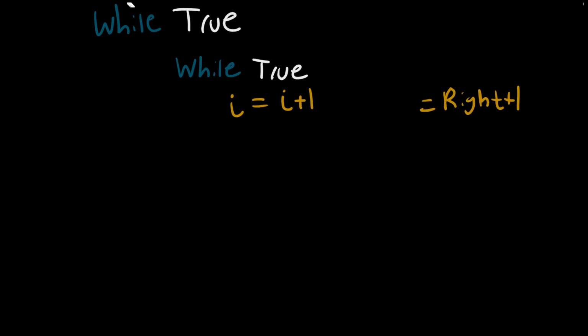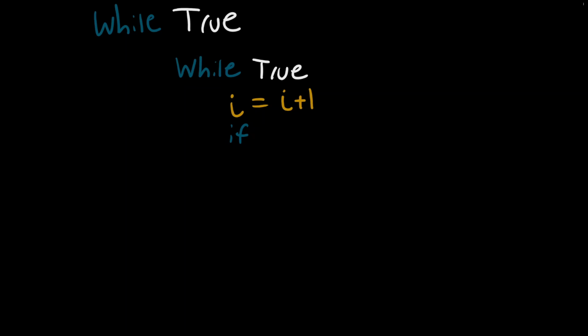To set up this while loop, we initially set i to be minus 1, so that's the reason why we first increment it. Now we're going to ask the question we've been asking this entire time.